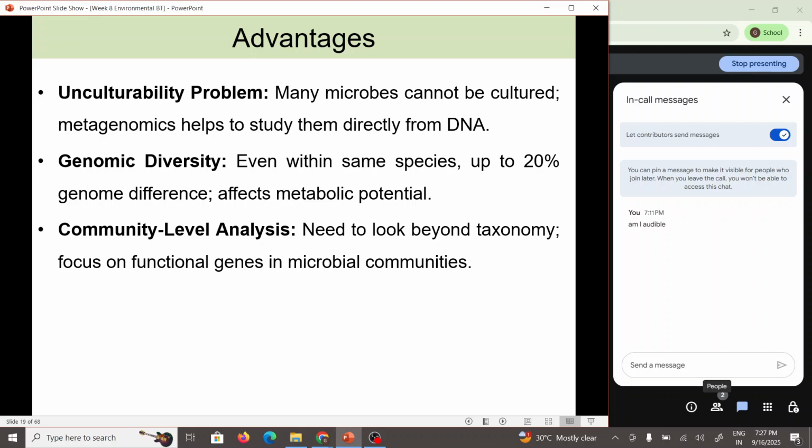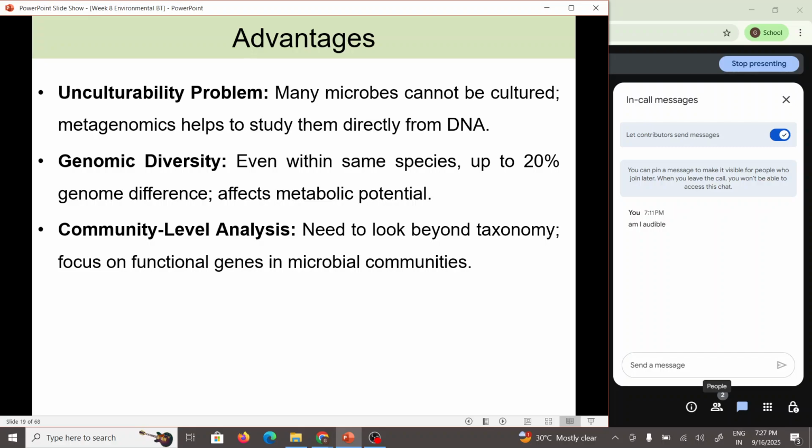So metagenomics allows us to do community level analysis, so that we identify the functional genes in microbial communities rather than only identifying the individual organisms. We will have a whole output of how the ecosystem is functioning, what kind of resources are utilized, and from that what kind of products are produced. In this process, what microorganisms are involved in which of these steps, all this we can get to know.